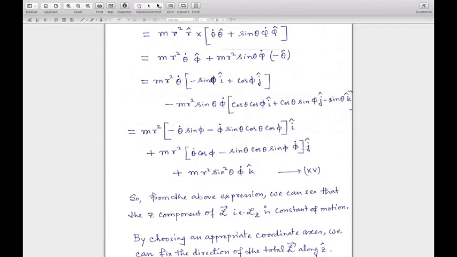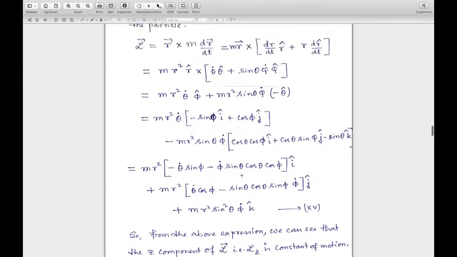Along j cap, or y direction, you have plus a mod square within bracket theta dot cos phi minus sine theta cos theta sine phi times phi dot. And finally, you will have along k a mod square sine square theta phi dot. Voila!